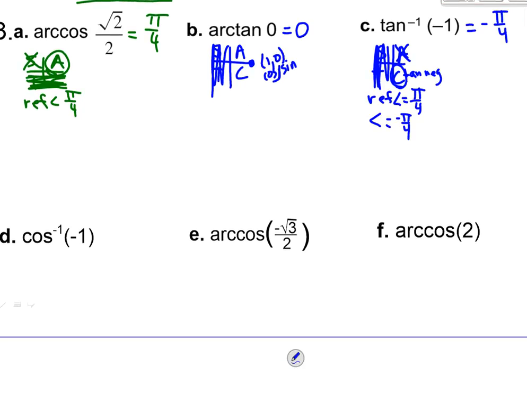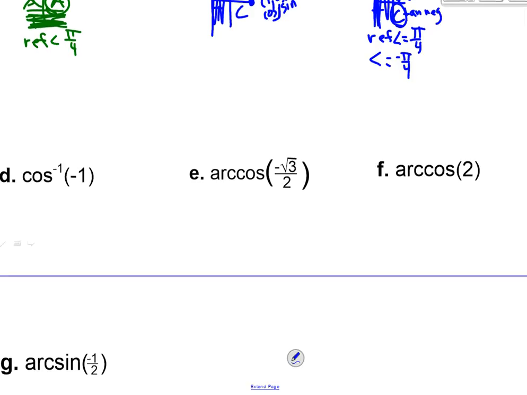Then our next one is the inverse cosine of negative 1. So for cosine, all students take calculus. For cosine, which quadrants do we use?